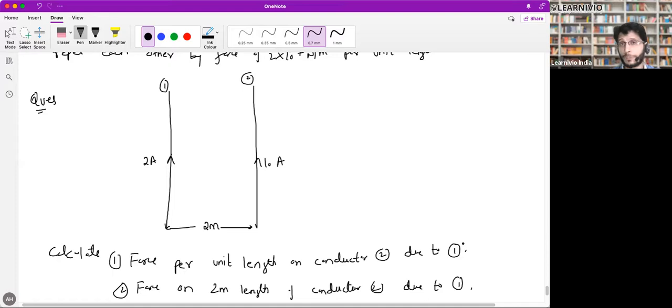I need answers with proper unit vectors, okay? Use i cap, j cap, k cap unit vectors for direction. Don't just write magnitude. I need your number with proper unit vector. That's important.